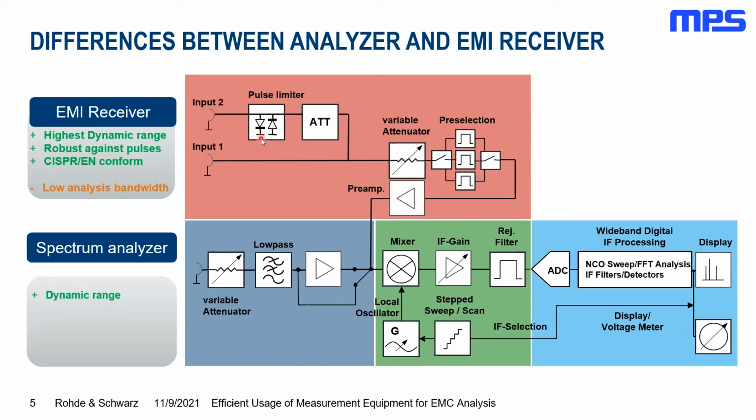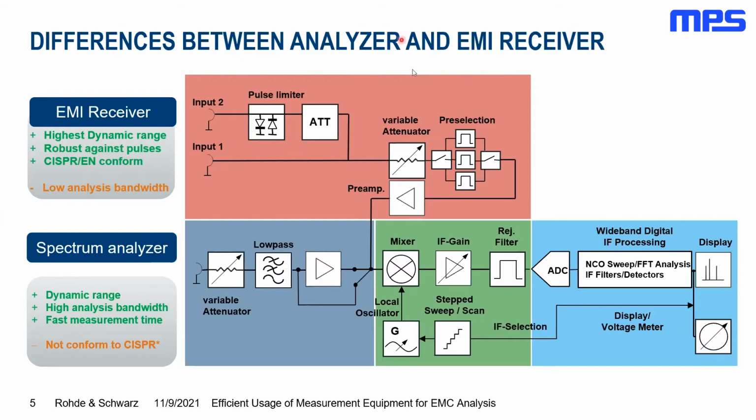Still, the dynamic range of a spectrum analyzer is quite good. We have a high analysis bandwidth, and we have fast measurement times due to the implementation of these FFT-based analyzers today. But the detectors are not CISPR compliant. And of course, there are some models available with a pre-compliance option where you could get a calibration of those.